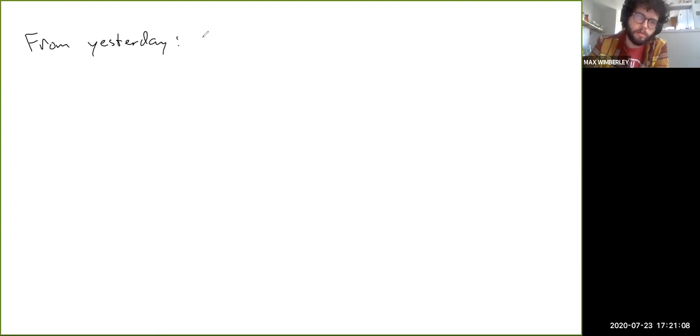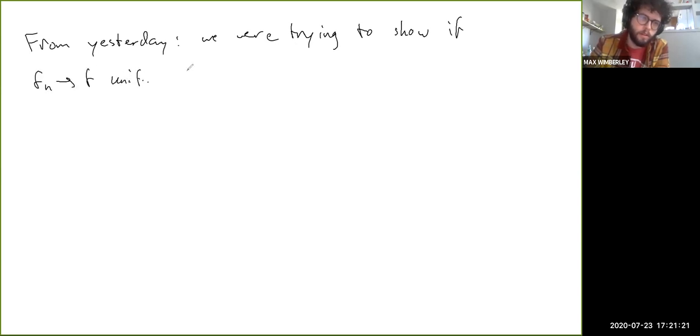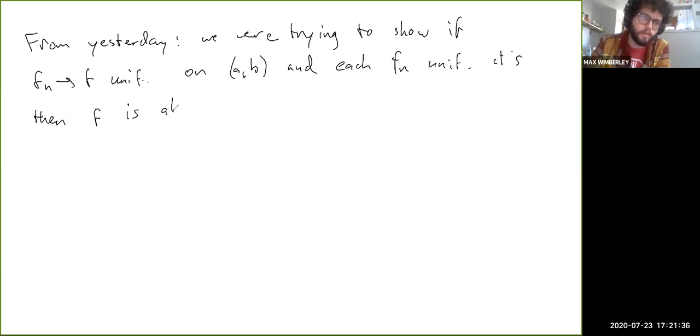We were trying to show that if f_n goes to f uniformly on (a, b), and each f_n is uniformly continuous, then f is also uniformly continuous.